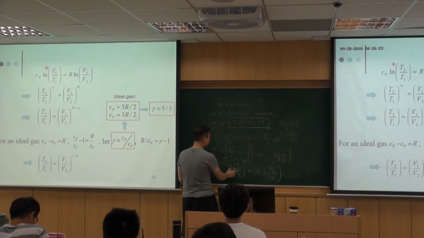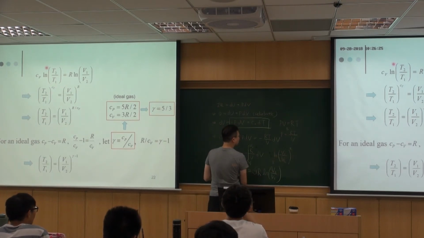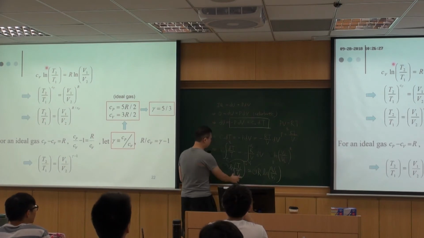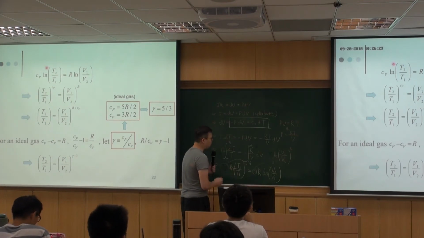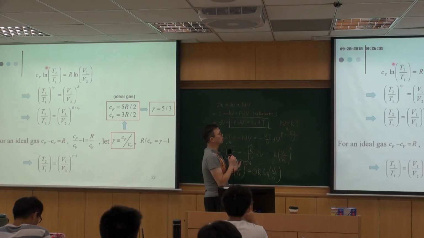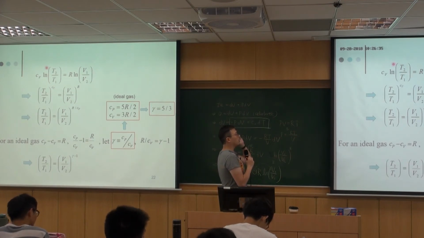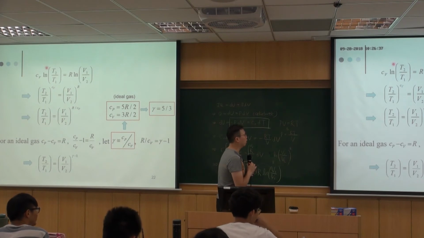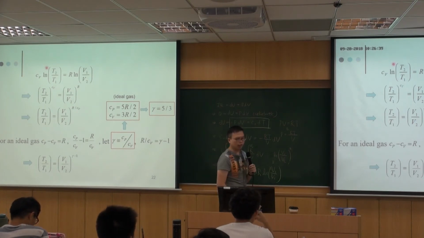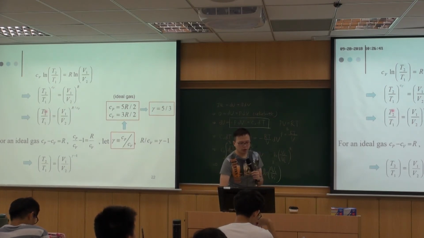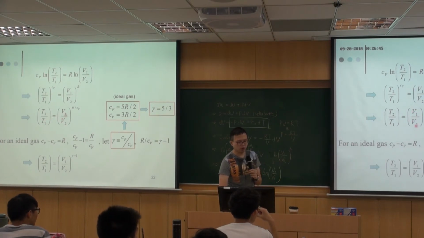And since these two things are both inside the log, which means that they're the same, we can also eliminate the need of log. And after that, you will come up with this relation that T2 over T1 is V1 over V2, but with a power to the R over CV.